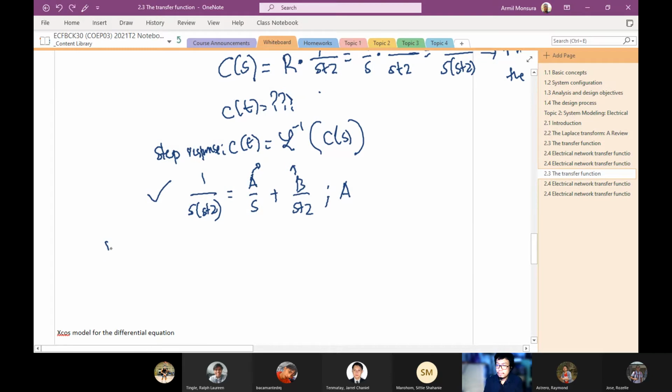A and B are called residues. Okay. So, we need to solve for A at B. And again, kung i-recall niyo yung lesson niyo sa partial fraction decomposition, meron siguro tinuro sa inyo yung technique para ma-solve yung mga residues na yan.